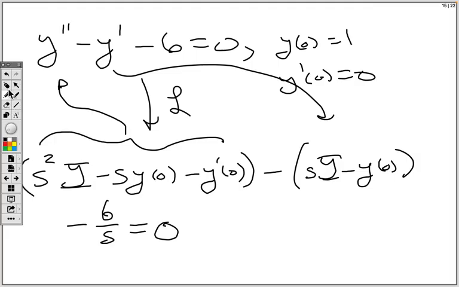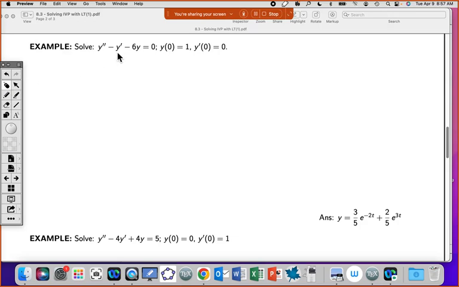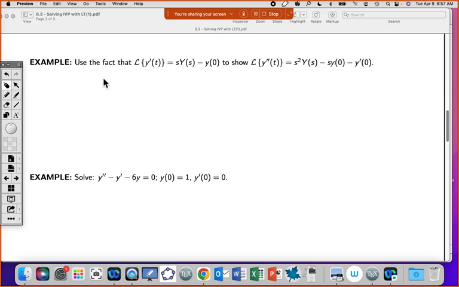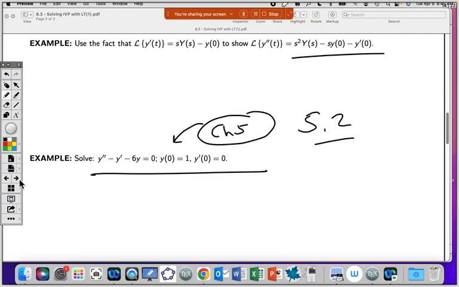Did I write it down correctly? Y double prime minus y prime minus 6 is 0. All right, got my s squared minus sY of 0 minus y prime of 0.